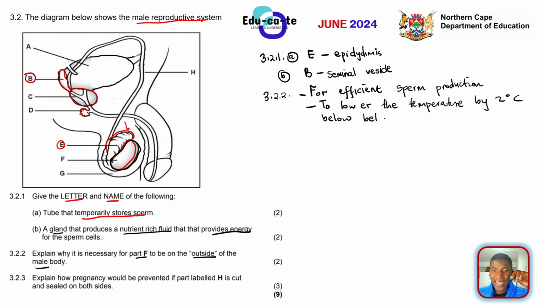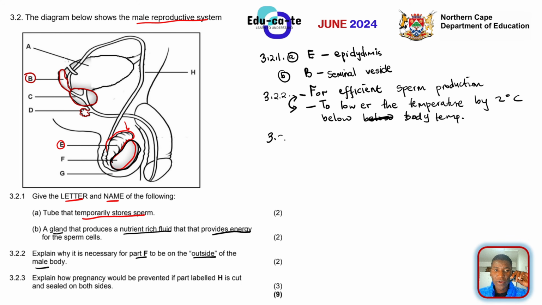So basically that is why it is hanging outside, below the body temperature. So that is why it is hanging outside, so that it maintains a temperature that is at least 2 degrees Celsius below the body temperature for efficient sperm production. So just reverse the statements when you answer.